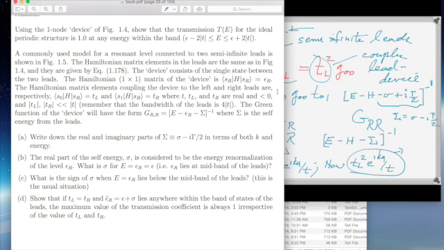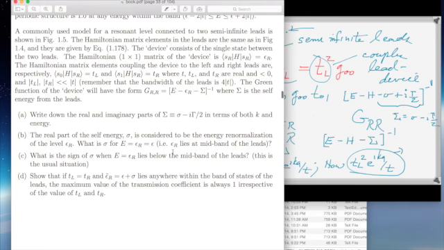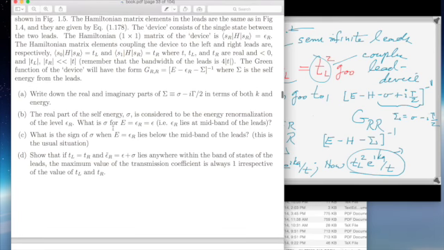Okay, so that's the first difference to be aware of in what you're doing this time. Next, write down the real and imaginary terms, then write down what this real part is when everything's aligned, so your resonant level is the same as the middle of the band of your leads.